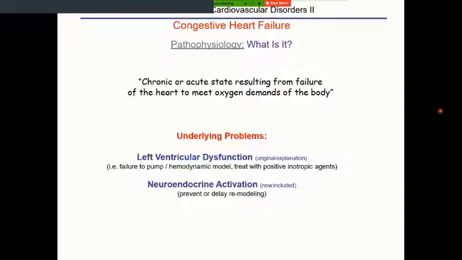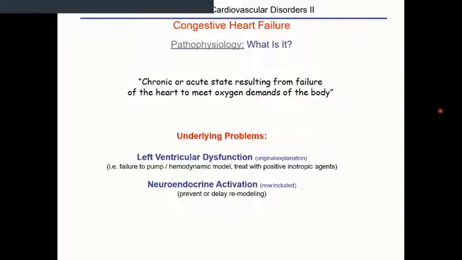So you have underlying problems, including left ventricular dysfunction, because of failure of the heart, basically, and you should treat this with positive inotropic agents. You also have neuroendocrine activation, which is due to the remodeling of the heart, and this is now included in understanding the model of heart failure.